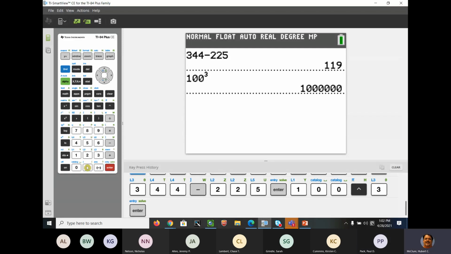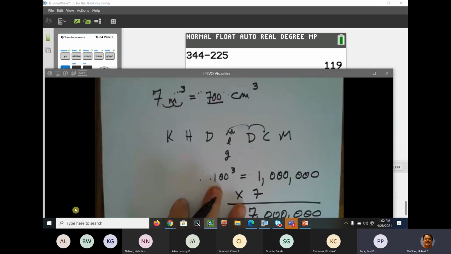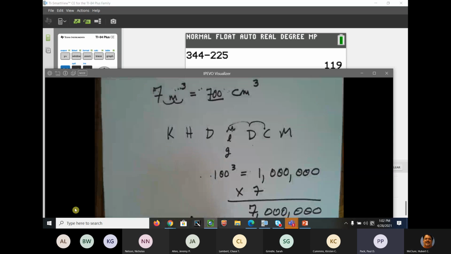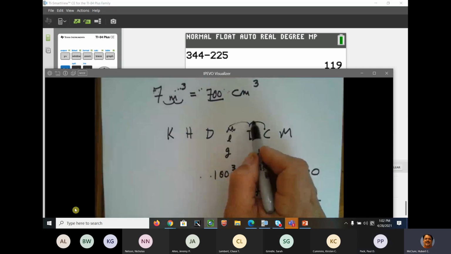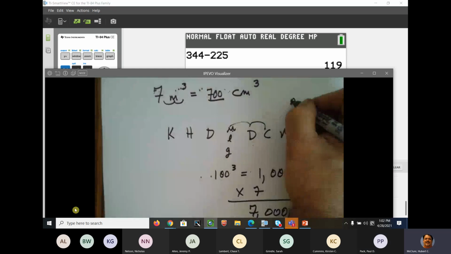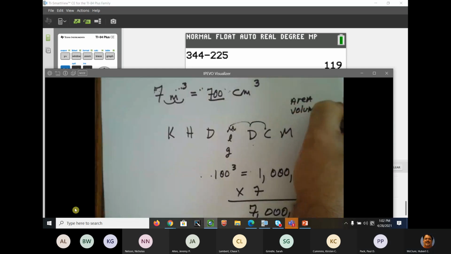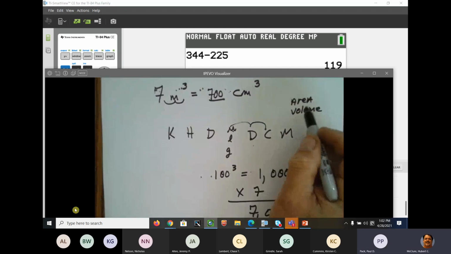7 million. I'm going to show you again. I had to jump 2 places. Now, if you're talking about area or volume, this is your exponent.